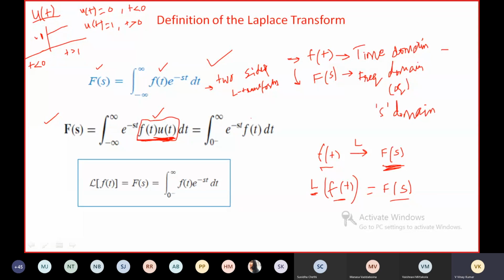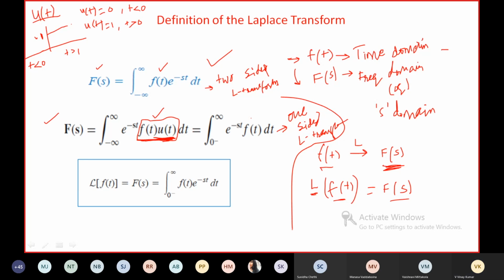For negative values of time, this value will be 0, because u of t will be 0 for t less than 0. So you're going to get the one-sided Laplace transform.